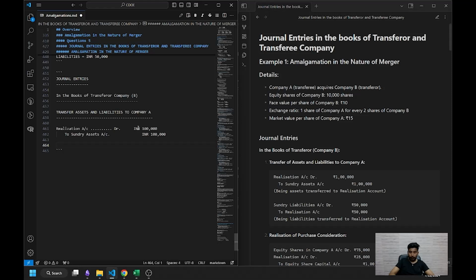And also we will take over the liabilities as well. Sundry liabilities account will be debited to realization account, and the amount will be 50,000, which we calculated above.